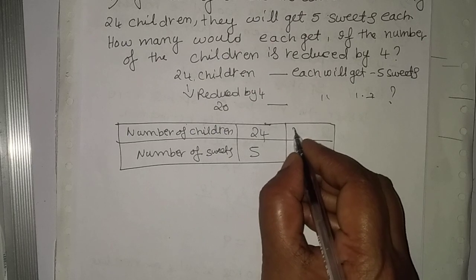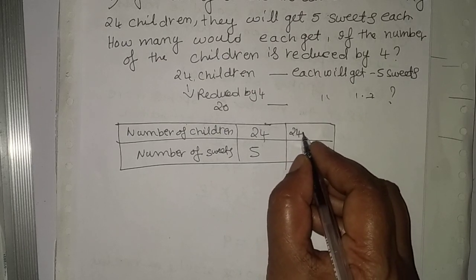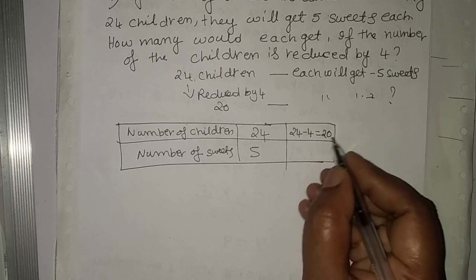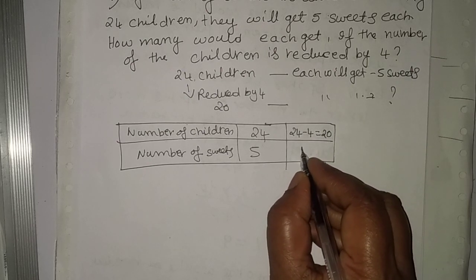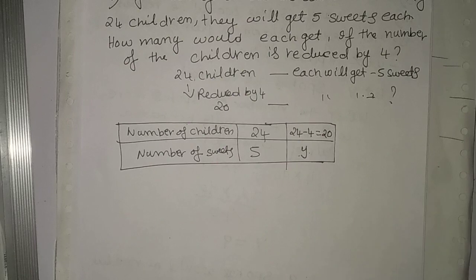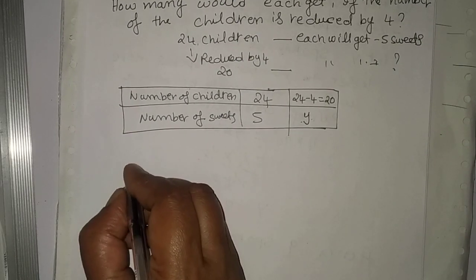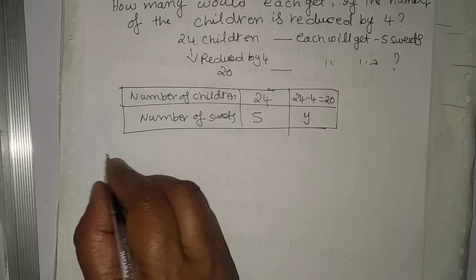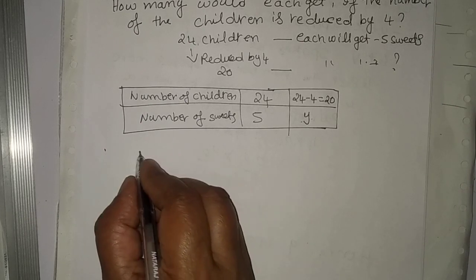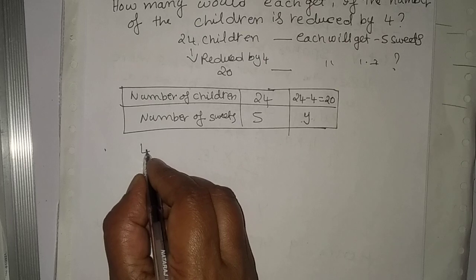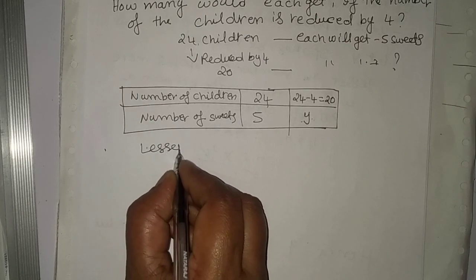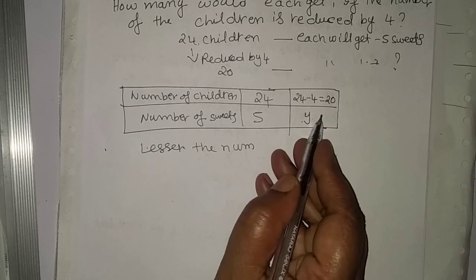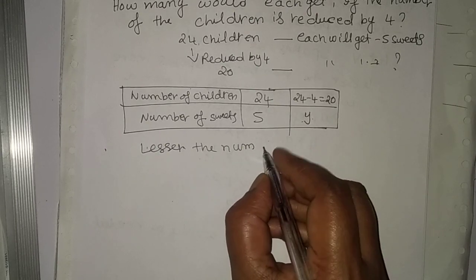Then here reduce the number of children, 24 minus 4 is equal to 20. Then here the value is y. We don't know how many sweets we will get. Here, the lesser the number of children, they will get more sweets.